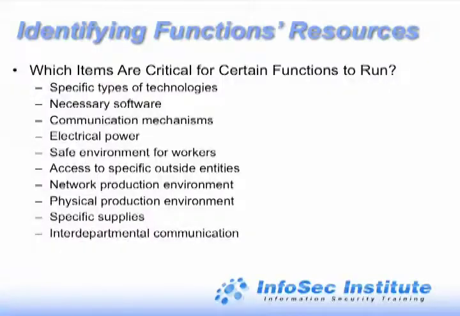Okay, identifying functions and resources. Which of the items are critical for certain functions to run? You're looking at specific types of technologies. I know when a lot of people have some sort of hot site, they'll have a lot of technology on that site, but then, trying to cut back money, they won't be doing the updates as much as they should.